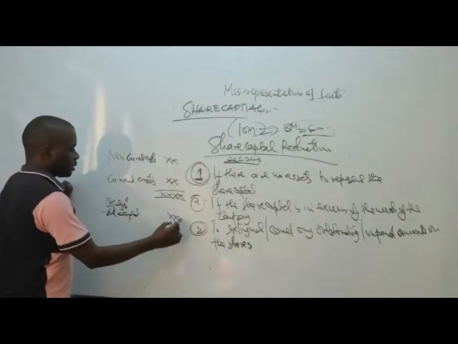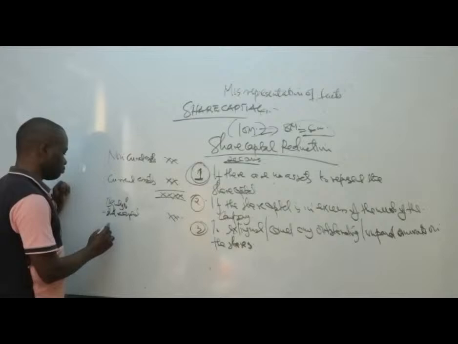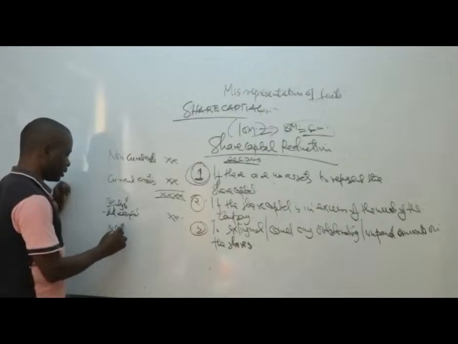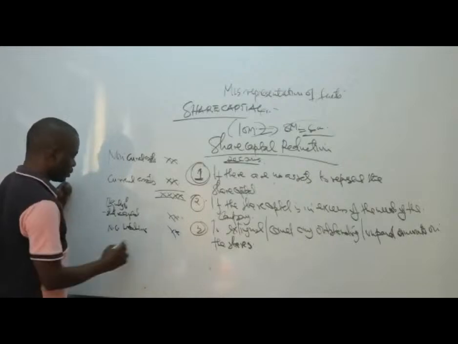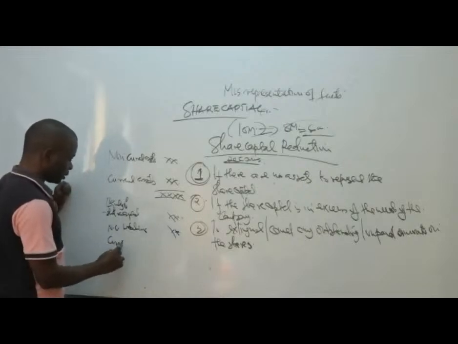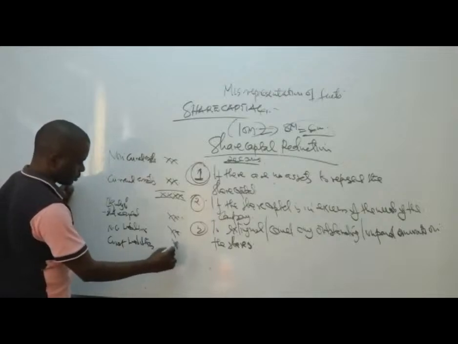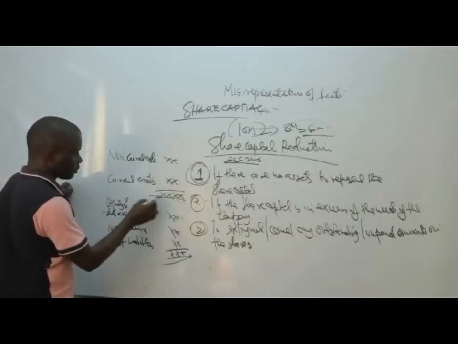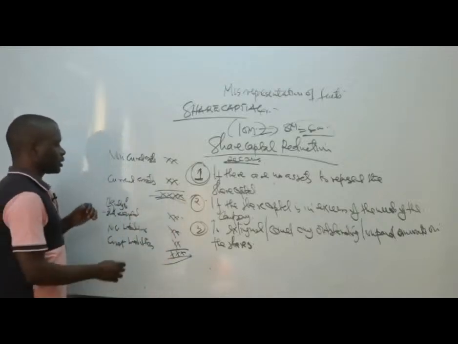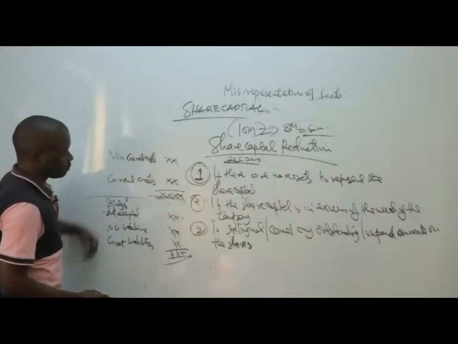Share capital will be part of the equity. Then we'll have here non-current liabilities. Then we'll have the current liabilities. So this is the balance sheet. This side basically balances with the other side.